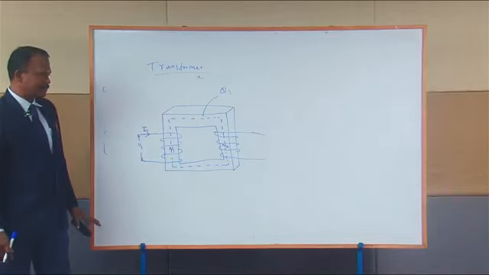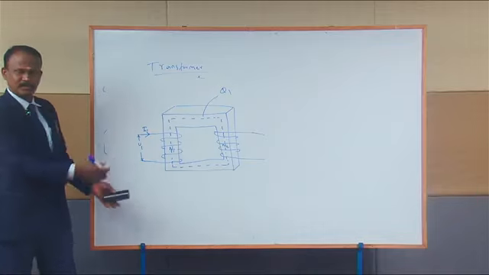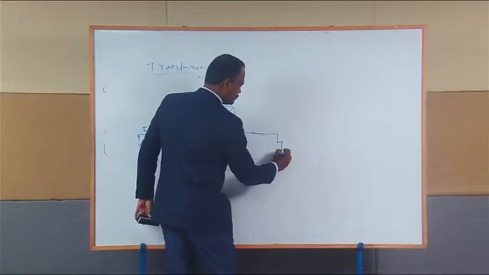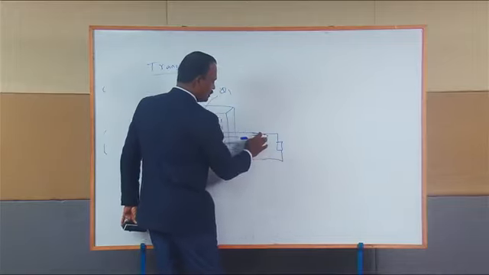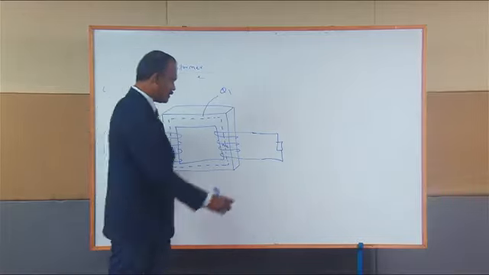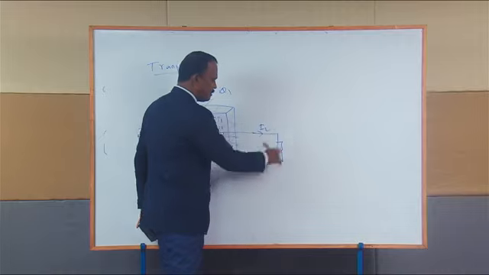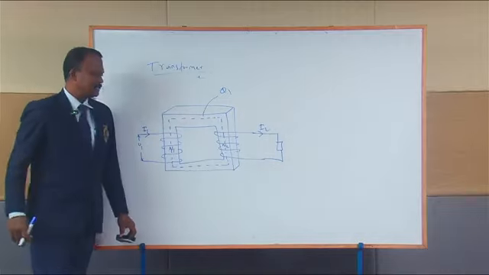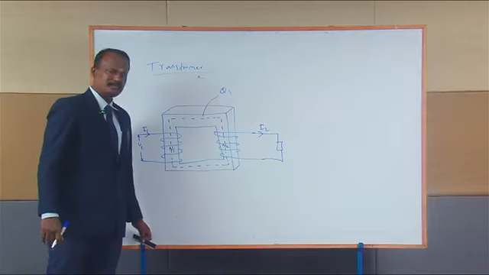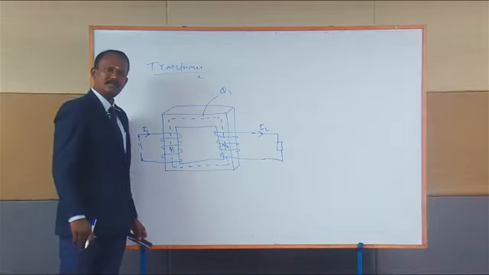In the previous case there is no load connected to the secondary of the transformer. Now I want to connect a load to the secondary of the transformer. At the moment when you connect the load to the secondary, there is a current I2. The current I2 will be circulating in the secondary winding. We know that whenever we have ampere turns, that results in a flux.